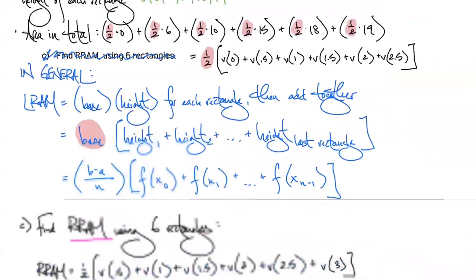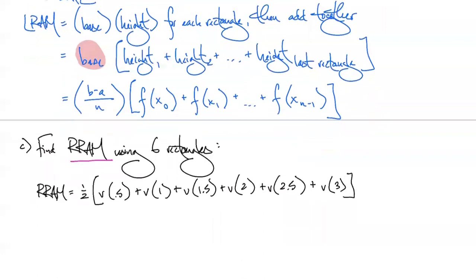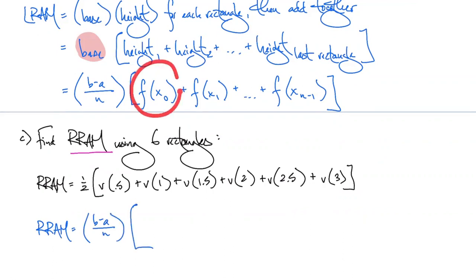And so if we were to also generalize this formula, how would we modify that? I think we were headed in the right direction. Oh, I'm missing a letter there. We can still say B minus A over N. We wouldn't start with f of x sub 0. We would actually start with f of x sub 1.